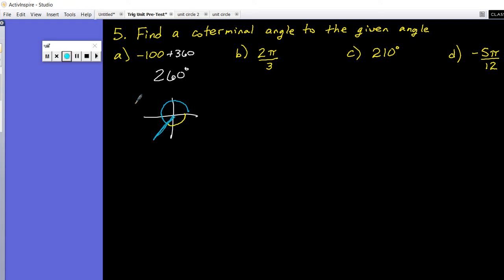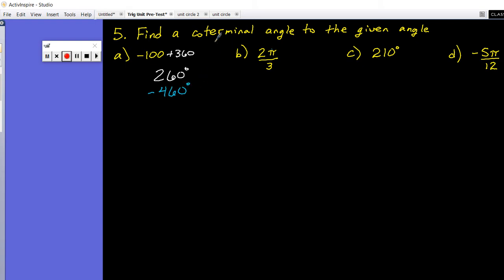What it means is I've got two angles that have both finished at this same point. The yellow one and the blue one have finished right here. That's what coterminal means. So the easy way is just to add 360. You could have also subtracted 360, and that would have given you negative 460. That would have ended at the same place as well.